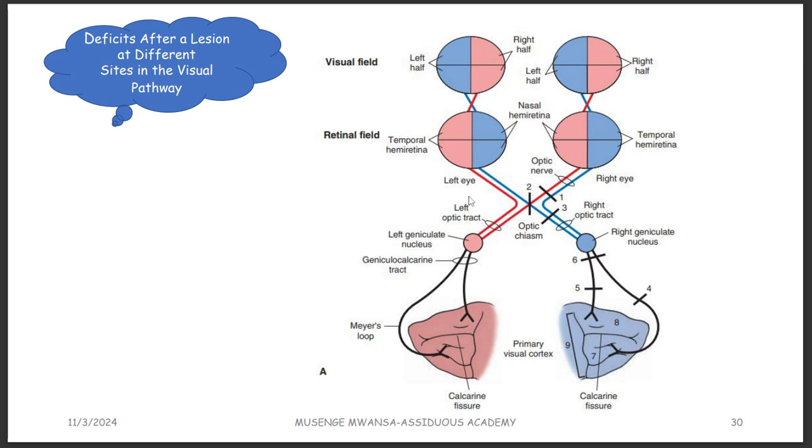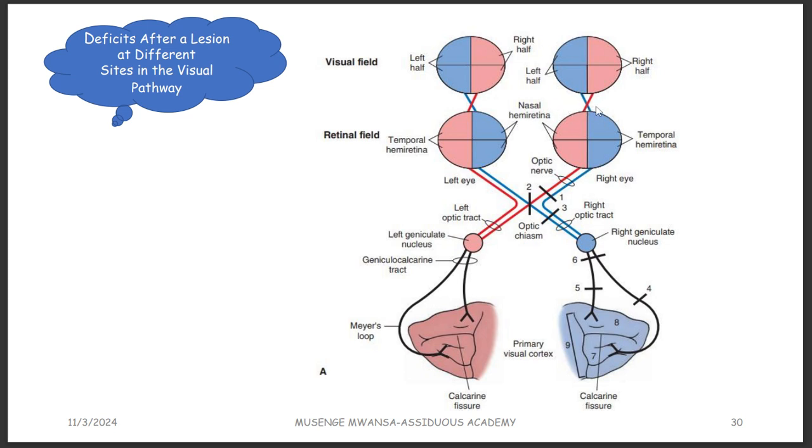So this is telling us, depending on where we are, like on the optic chiasm here, if there's an injury, it means that the fibers which are coming from the medial or from the nasal hemiretina. But then from the nasal hemiretina, that information is coming from where?